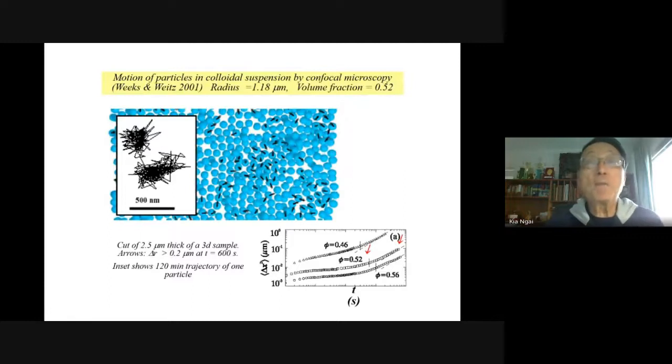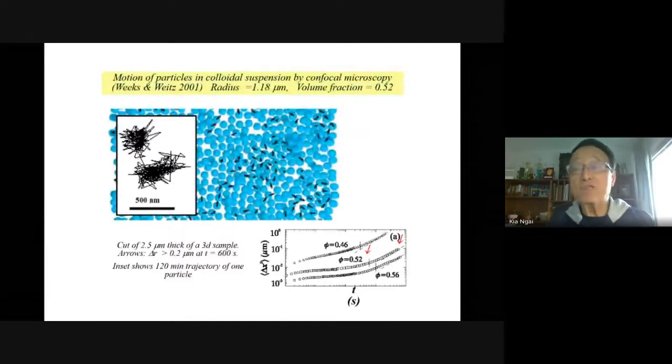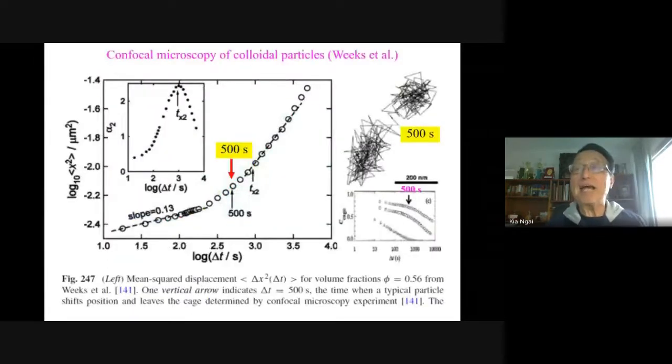And this is colloidal particles. And this is very nice because you see that on the right side at 500 milliseconds by confocal microscopy, you see it by eyes in the computer, of course. They see that the first jiggling motion, the first jump is at 500 milliseconds. You see the mean square displacement here on the main figure, 500 milliseconds is right there, okay?